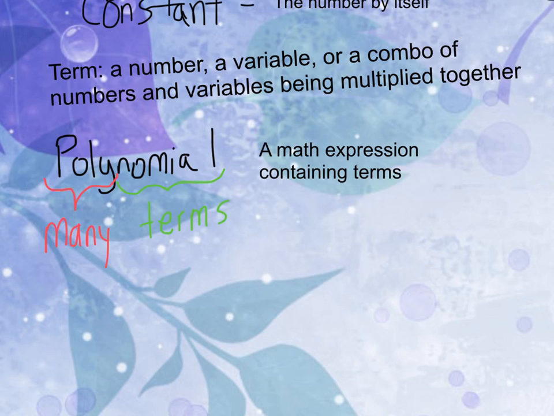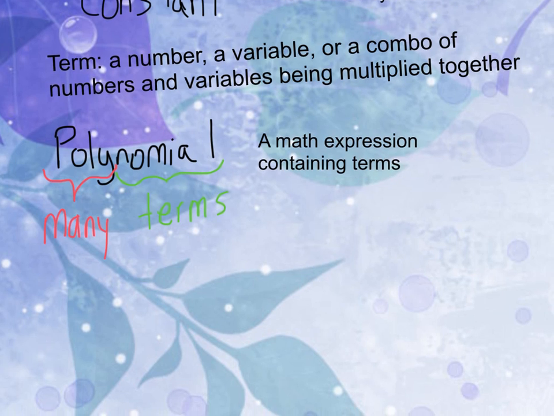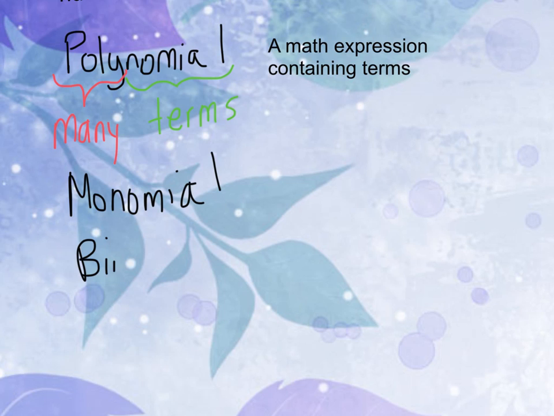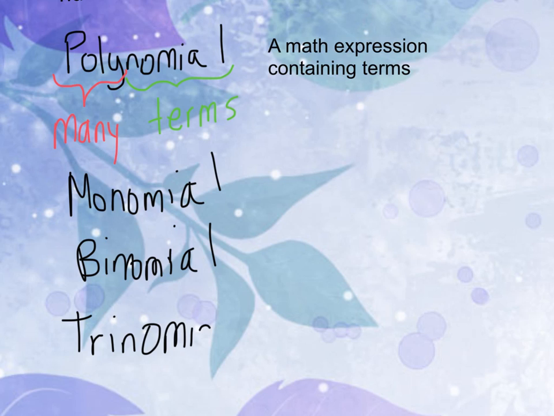Okay, and now we'll get into three different types of polynomials that you'll often encounter. The first is a monomial. The second one is a binomial. And the third polynomial is called a trinomial. And these are all specific types of polynomials.